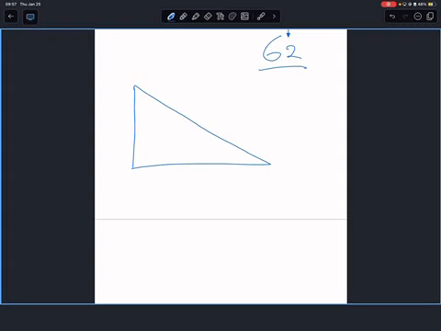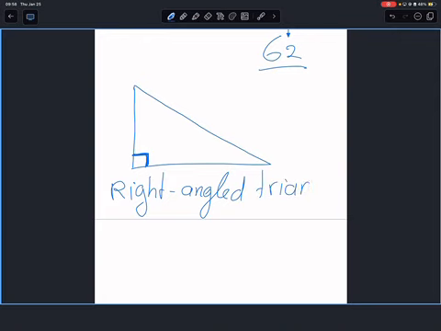You have a triangle. Pythagoras theorem, sinus, cosinus, and the tangent can only be used in a right-angled triangle.